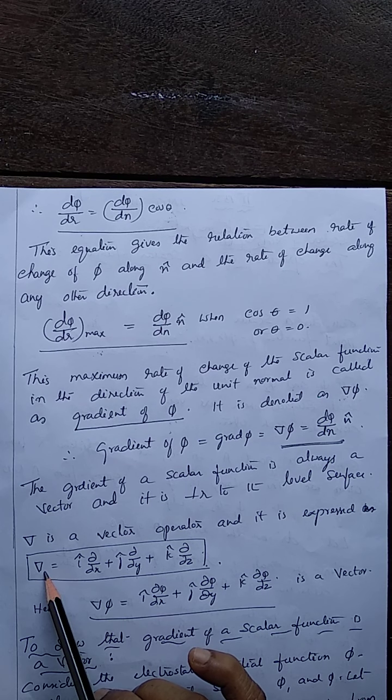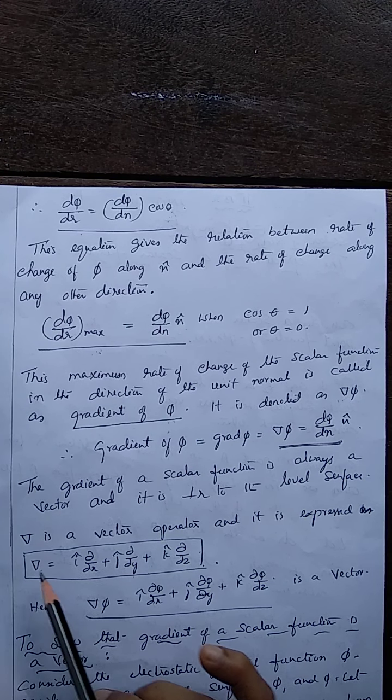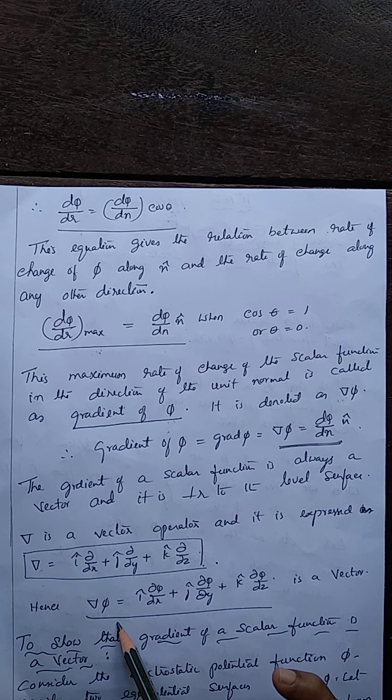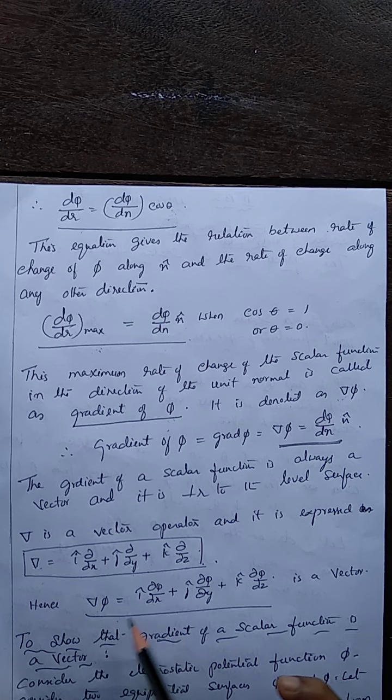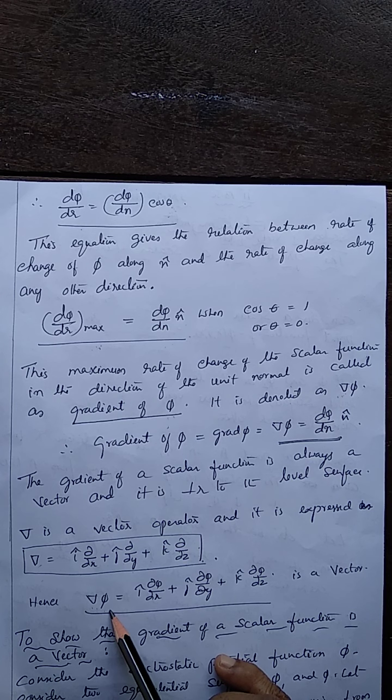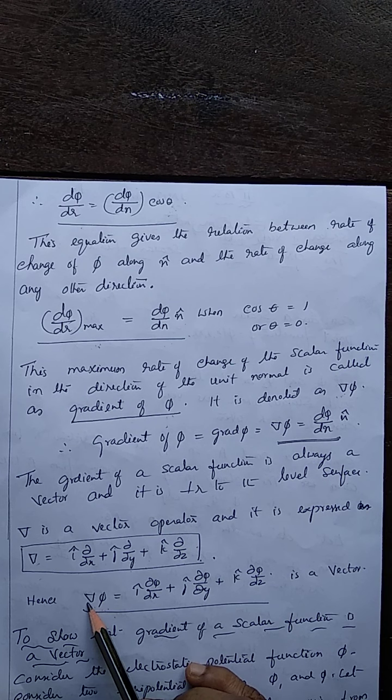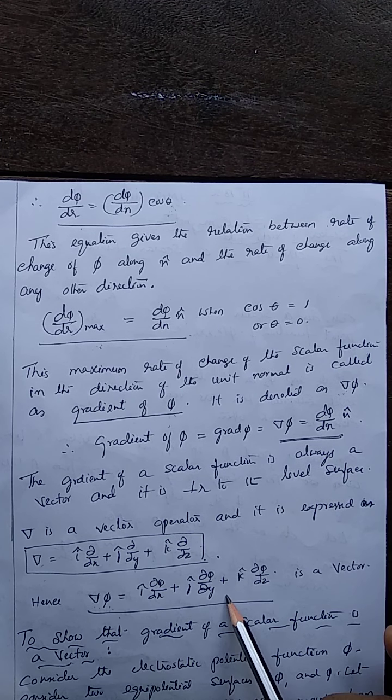When this operator operates on the function phi, we get del phi. Since we have i, j, k, this term is a vector, so the gradient of a scalar is always a vector.